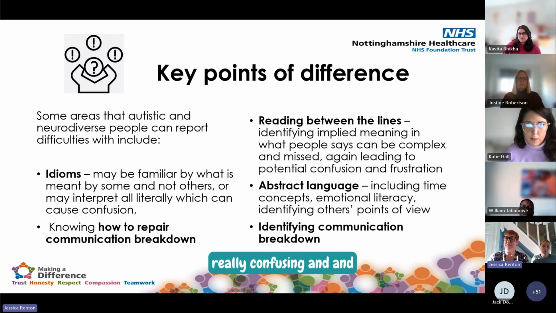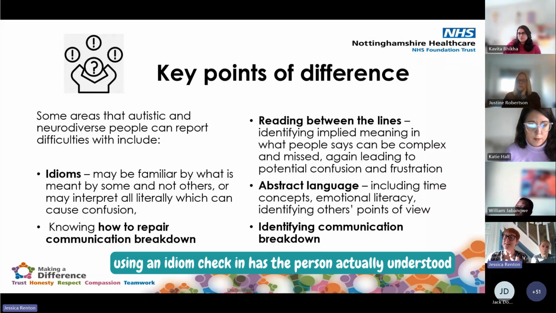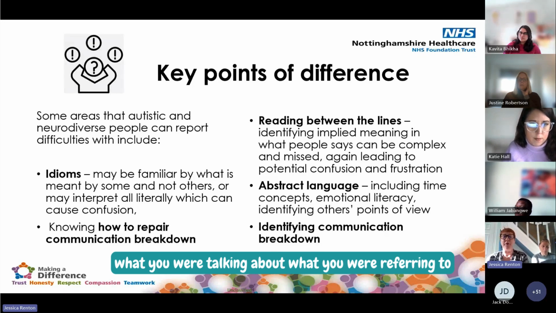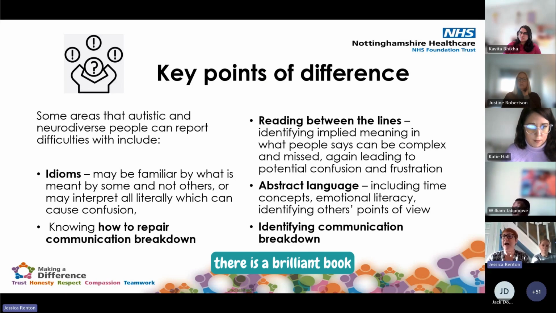They can be really, really confusing. Holding in mind that language and being clear about what you are saying, if you are using an idiom, check in. Has the person actually understood what you were referring to? Some people can interpret them really literally.